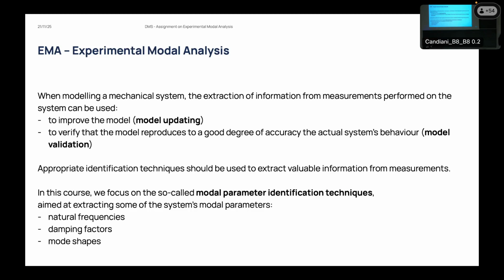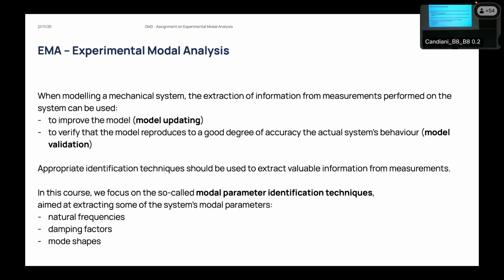So you can build an analytical numerical model that is representative of the properties of those beams. Then you run your model and you want to see if the output of your model is aligned with what you can directly measure for the structure. This is the so-called model validation. So you build the model on your own and you want to validate it with the experimental data.